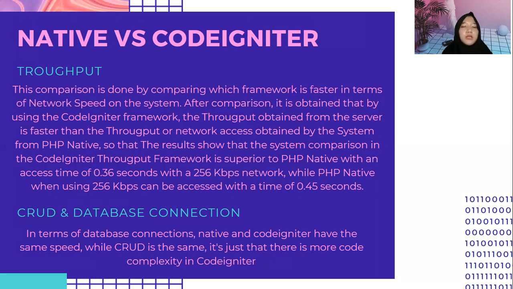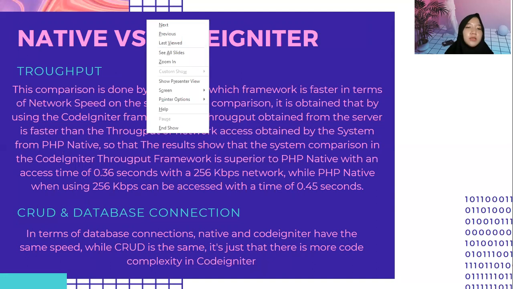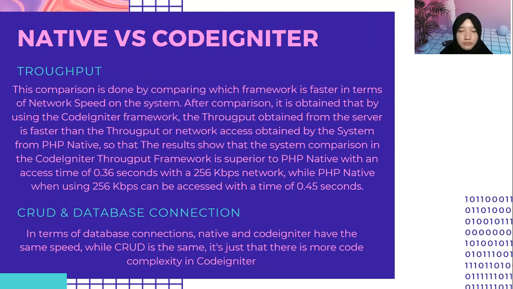So the results show that CodeIgniter throughput is superior to PHP native, with an access time of 0.36 seconds with a 256 kbps network, while PHP native, when using 256 kbps, can be accessed with a time of 0.45 seconds.